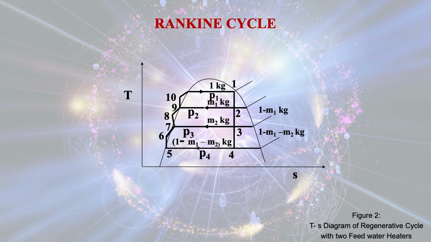4 to 5 is the process going on in the condenser, 5 to 6 is the pump work by pump 1, 7 to 8 is the pump work by pump 2, and 9 to 10 is the pump work by pump 3.